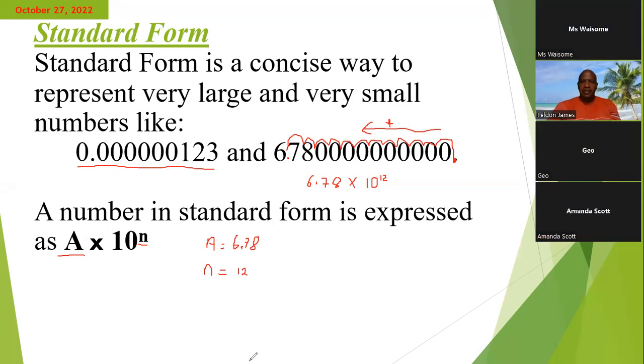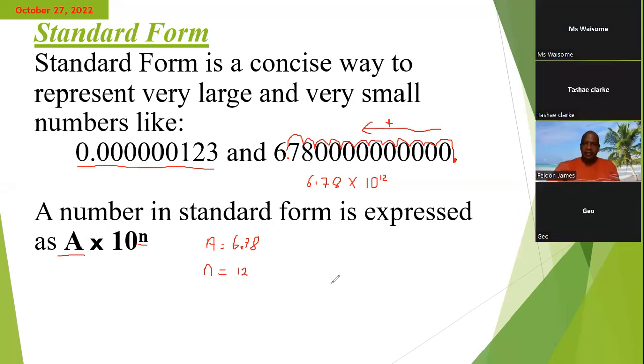All right, Ms. Waysome, what did you get for your answer? 1.23 times 10 to the negative 7, sir. 1.23 times 10 to the 7th power, which would have been negative 7.